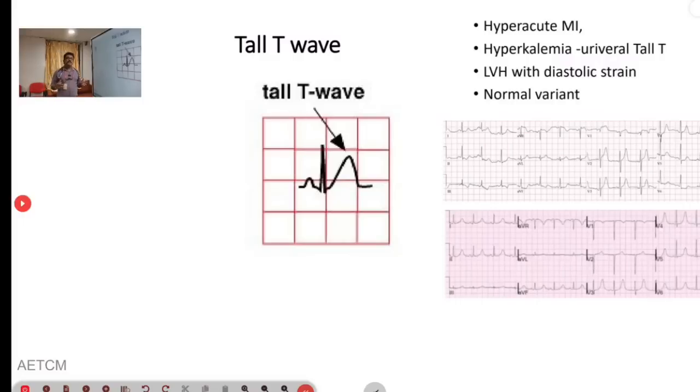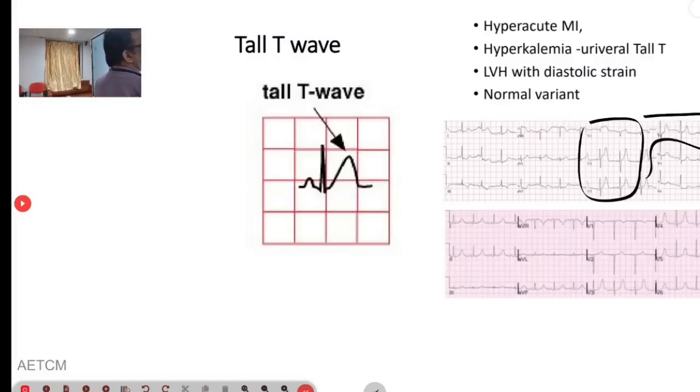Hyperkalemia gives universal tall T waves in all the leads. You can see here, only a few leads have very tall T waves. That is because of anterior wall MI. Whereas in this ECG, in all the leads we are seeing very tall T waves, so this is due to hyperkalemia. That is the difference.